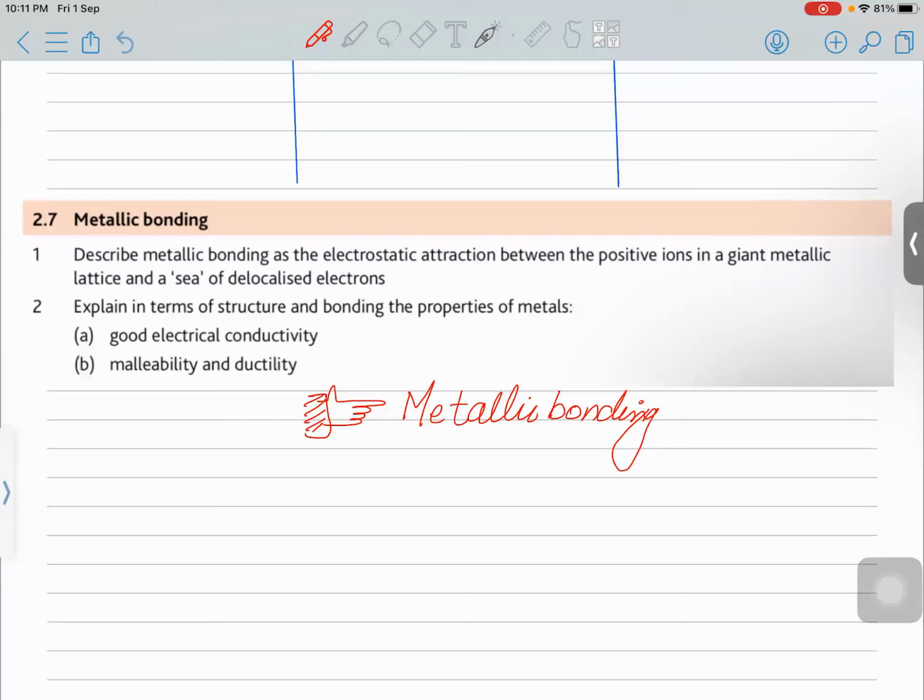Sodium is a metal. Lithium is also a metal. Potassium is a metal. Rubidium is a metal. All are metals. So they have metallic bonding.